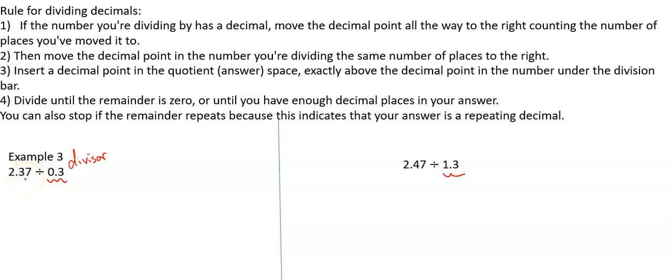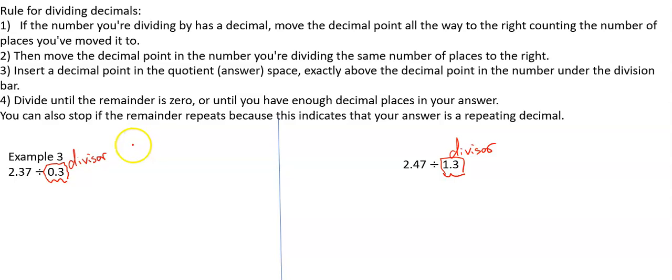So with the decimal points in there, it can be very confusing. So what we're going to do is increase both numbers 10 times, 100 times, or 1,000 times, whatever is needed, until we can turn this divisor into a whole number.